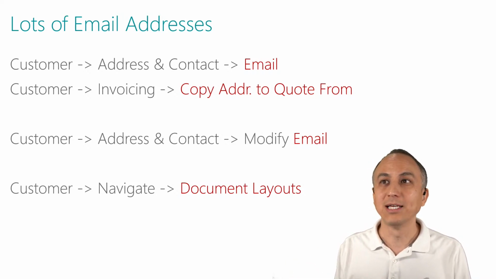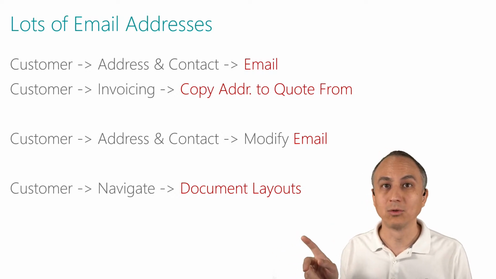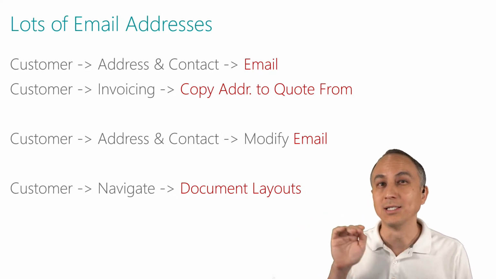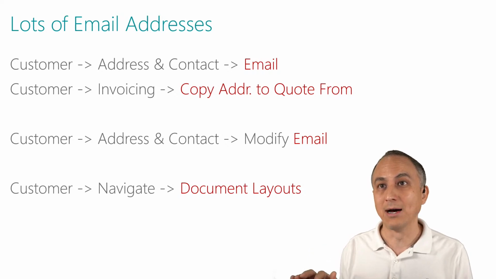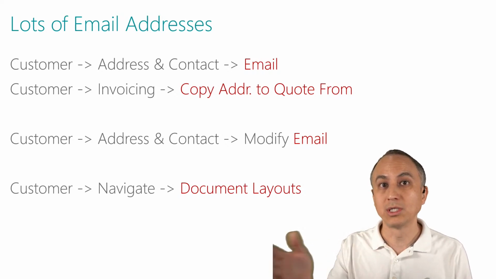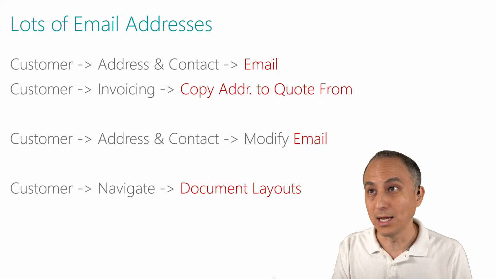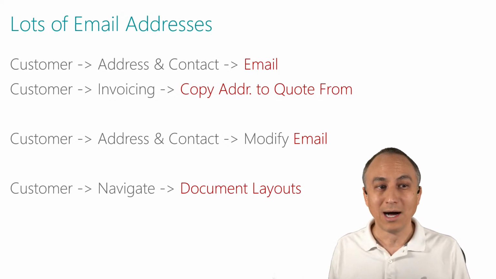And lastly, we have document layouts where you can specify one or more email addresses per document layout, and have those documents delivered to different people depending on the document type. So a lot going on there.